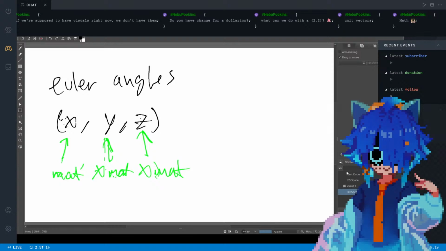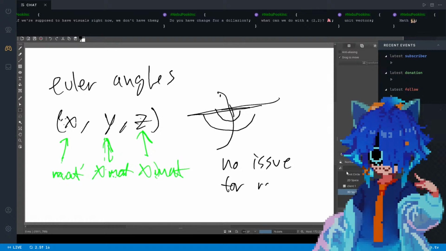So if we draw an example, we have a rotation around X, and then we have a rotation around Y, and then we have a rotation around Z. When Y is rotated properly, the Z and the X may lie in the same plane. This doesn't really cause any problems when we're trying to enter numbers. So no issue for rotation entry.